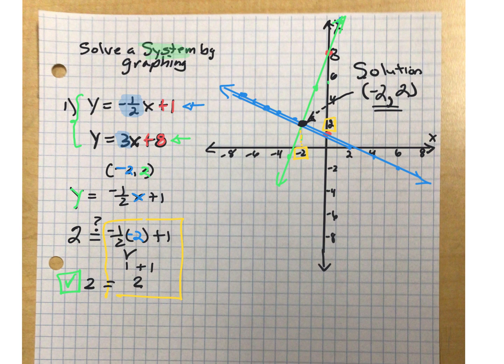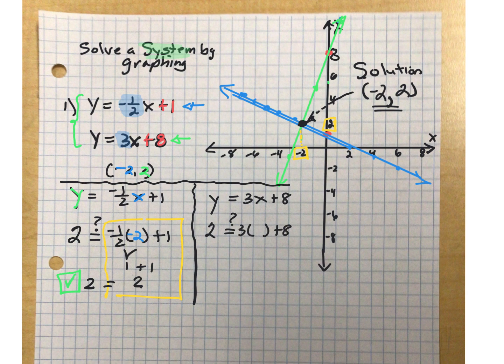Then we can check the second equation. What we're doing right now is just a way for you to verify that you have the right answer. So let's check the second equation, y equals 3x plus 8. We're going to replace the y with 2, and replace the x with -2, and see if this side ends up giving us 2.